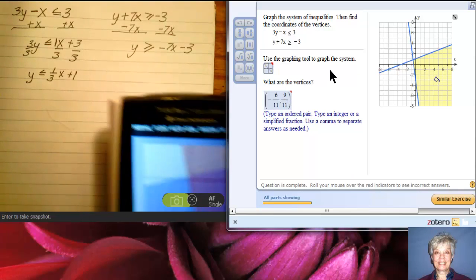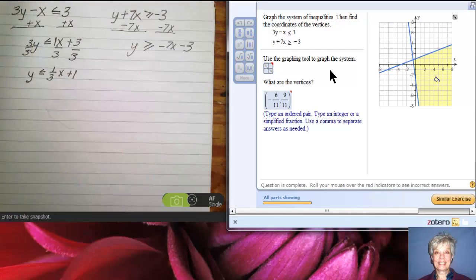All right, I'm going to take away this, and we're going to get to work here. Because when we're finding the vertex, we're just dealing with the lines, or as we call them when we're dealing with inequalities, the boundaries, but they're just the lines, not the shading part.